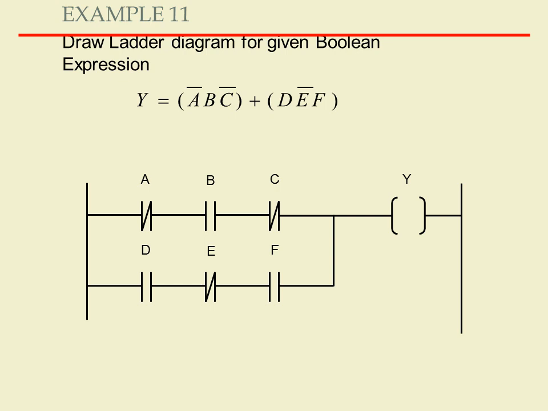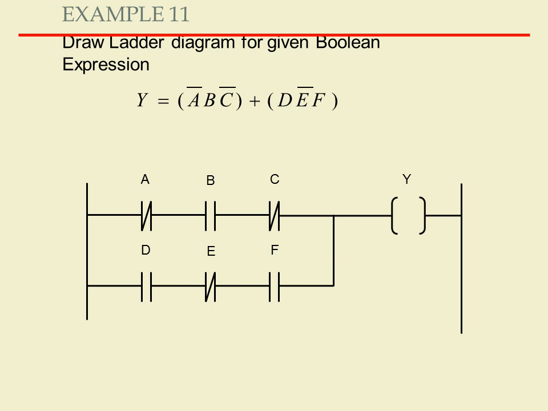Next Boolean expression is Y is equal to A bar B C bar plus D E bar F. So A bar B C bar are the three switches in series. First is A bar, a closed switch, then B, then C bar is also a closed switch.